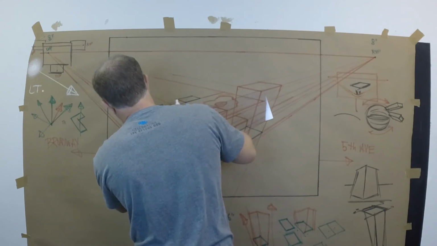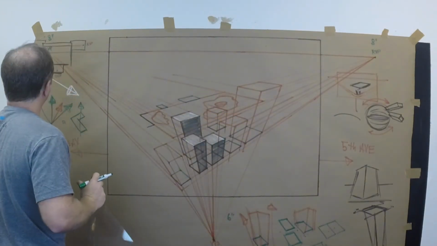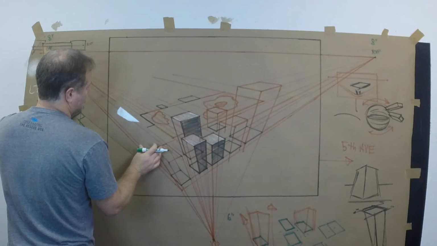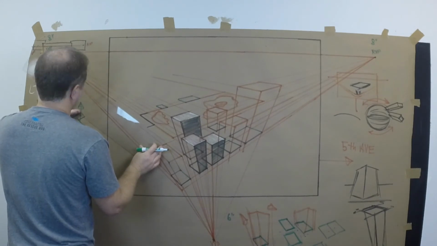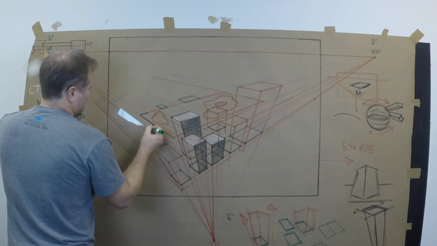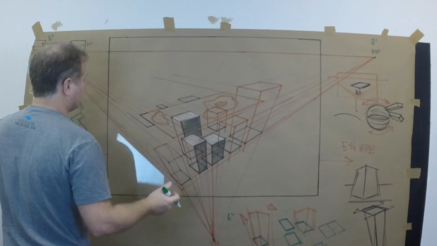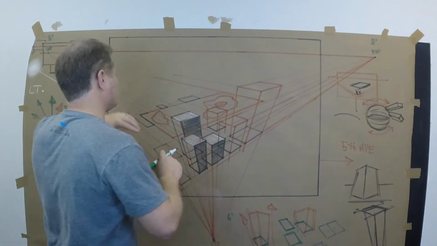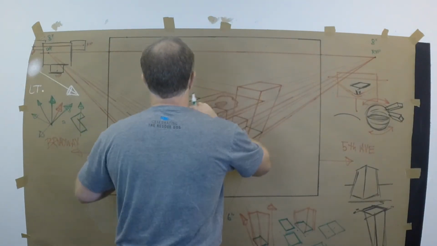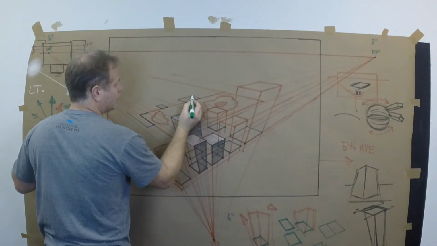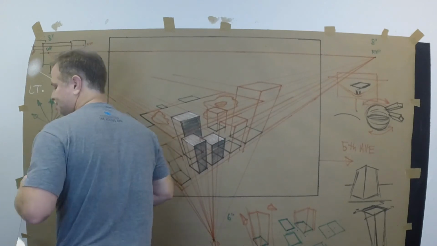So it's going to look like that. Okay? Then we go back to the left vanishing point. Here I'm just thrusting a line out. I really should be using red, but I'll finish it out in green for now. And then I'm just going to use this angle, this convergence line.